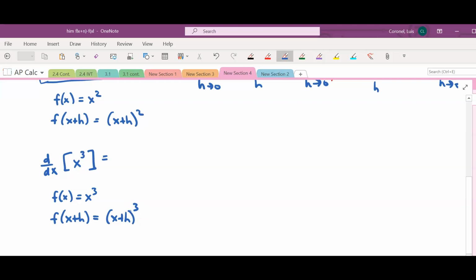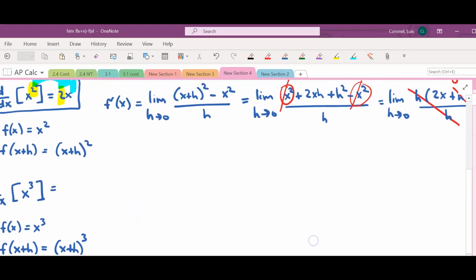Now we're going to take that power, plug it into the limiting process to find the derivative, right? That's the limiting process. And what we're finding when we take the derivative, and it's good to hear it again and again, is the instantaneous rate of change.